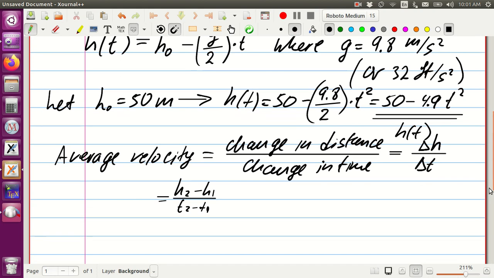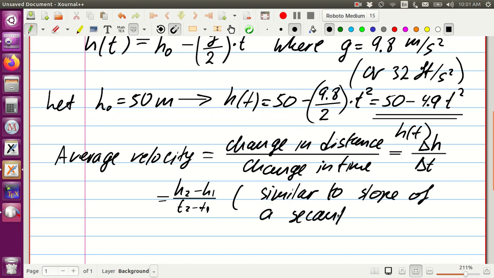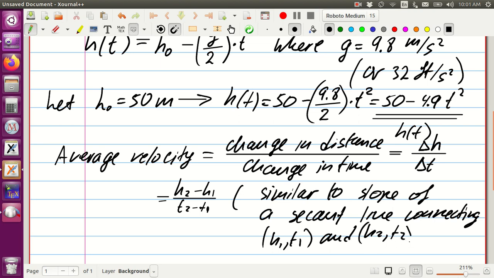From the last class, it should be very similar to the slope of a secant line connecting h1, t1 and h2, t2 from the previous exercise.